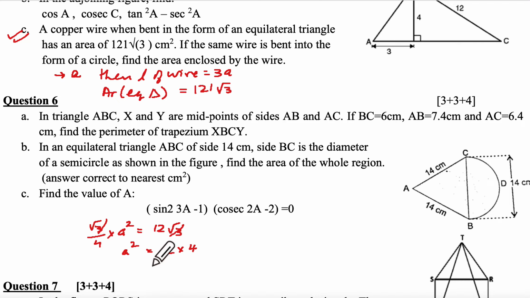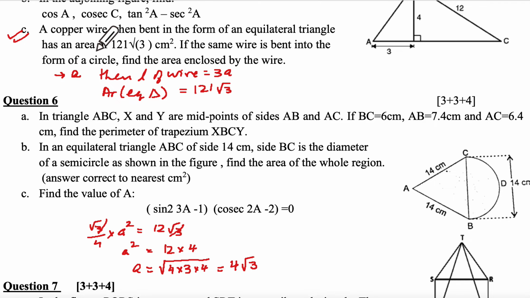No. So A will be equal to under root that. So it will be under root 12, means 4 into 3 into 4. So A is 4 into 4 with 16. Square root will be 4. So 4 root 3 is each side.